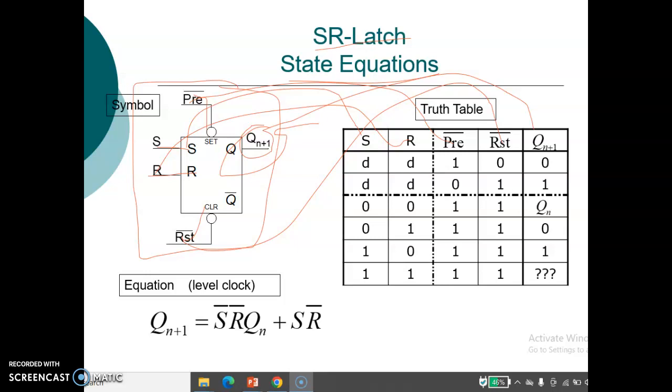Level clock equation: Qn plus 1 equals output. That is output. S bar R bar Qn here.